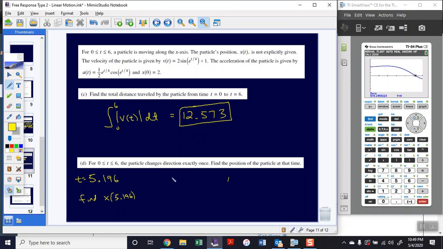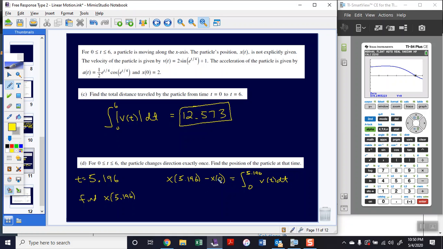What we know instead is how to find the difference of 2 position values. So for example, I'm going to write this out. This kind of reminds me of something we saw in part A. But this time, I'm going to remember that this difference is the second half of the fundamental theorem of calculus: the definite integral over the time interval 0 to 5.196 of the velocity must give you the difference of these 2 position values.